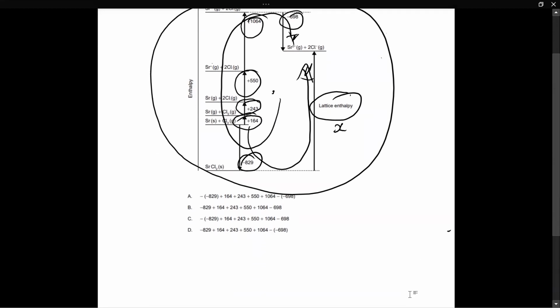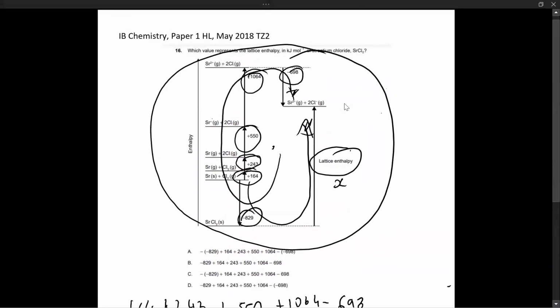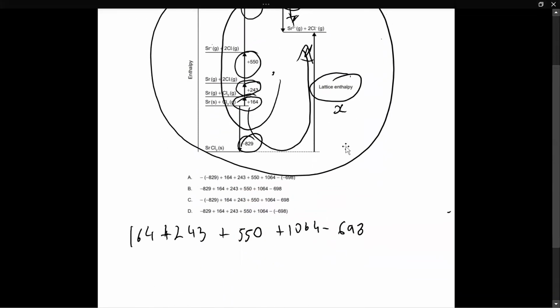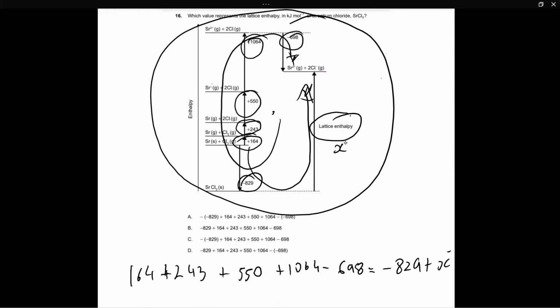So in simpler terms, 164 plus 243 plus 550 plus 1064 minus 698, because this value over here is minus 698, should equal negative 829 plus x, because that is lattice enthalpy. And why is it positive? Well, because the arrow is going upwards. That means it's an endothermic reaction, and that means the enthalpy is positive.